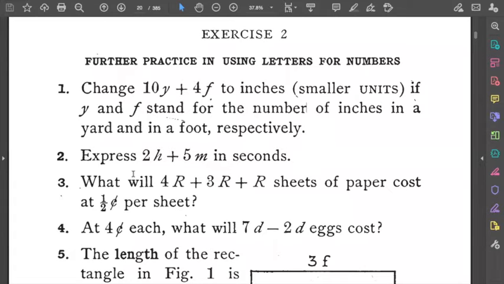This, they should have given you in the question, so that's what I'm giving you. 1 inch is equal to 0.0278 yards.